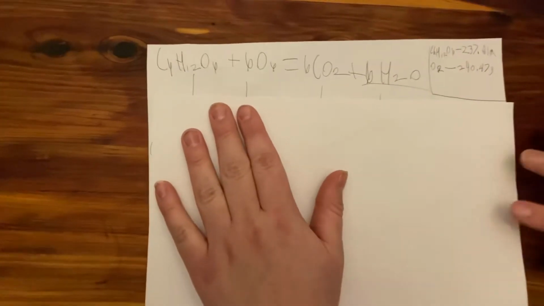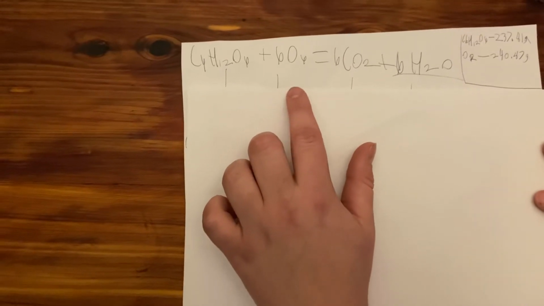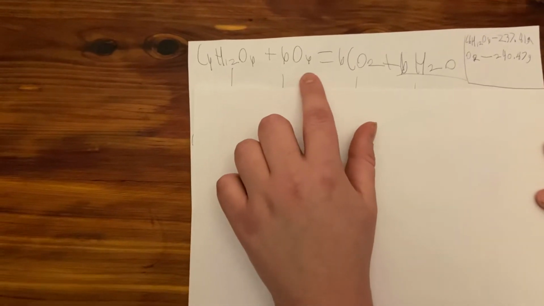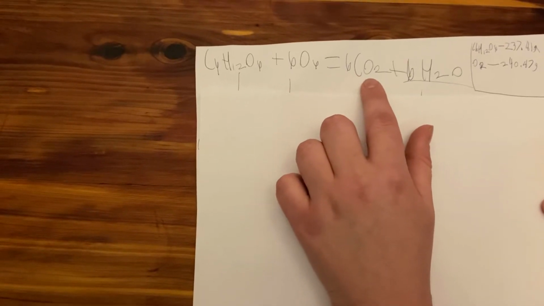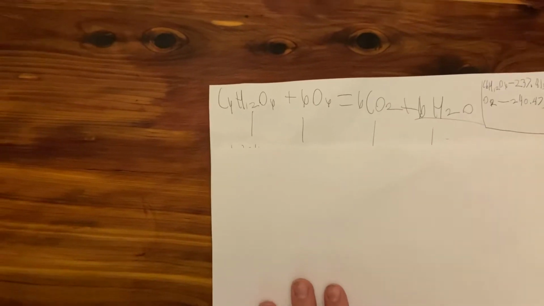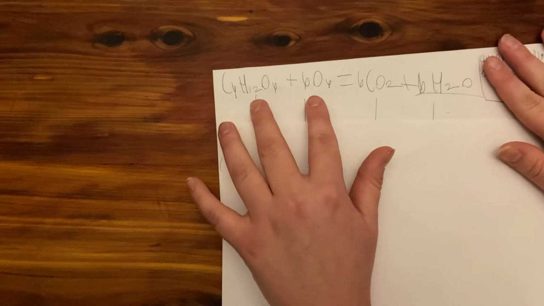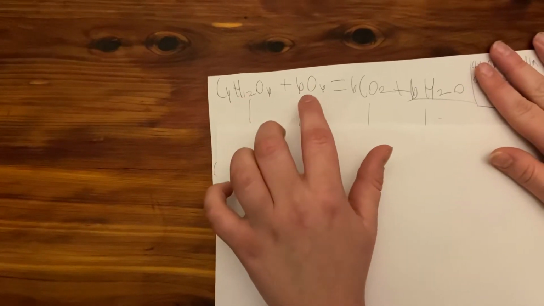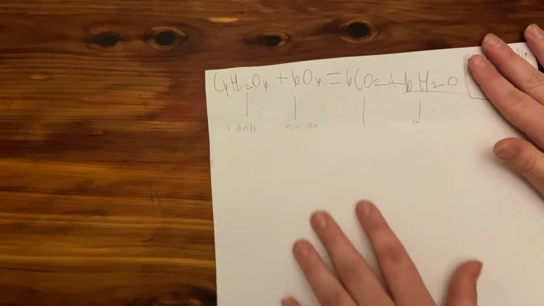We have C6H12O6 reacting with 6 parts of O2, resulting in 6 parts of carbon dioxide and 6 parts of water. Before we even consider the problem, we're seeing which one is limiting, glucose or oxygen, and how much H2O we'll receive at the end.